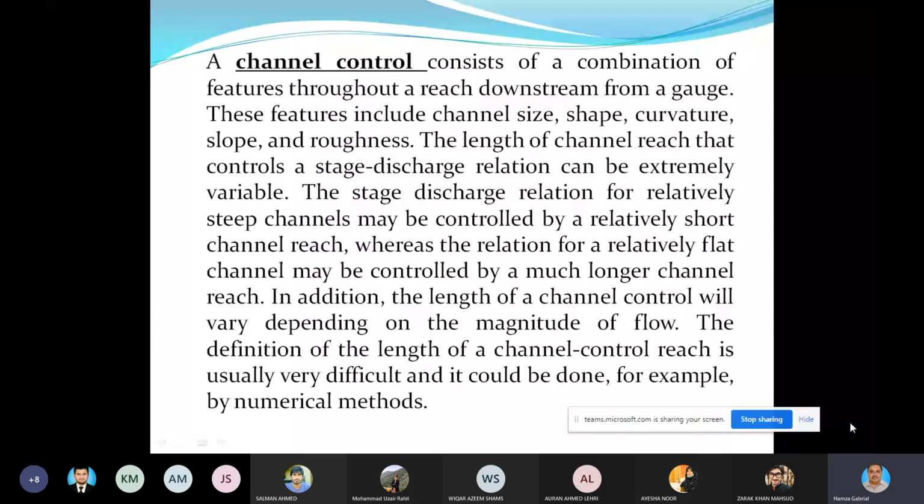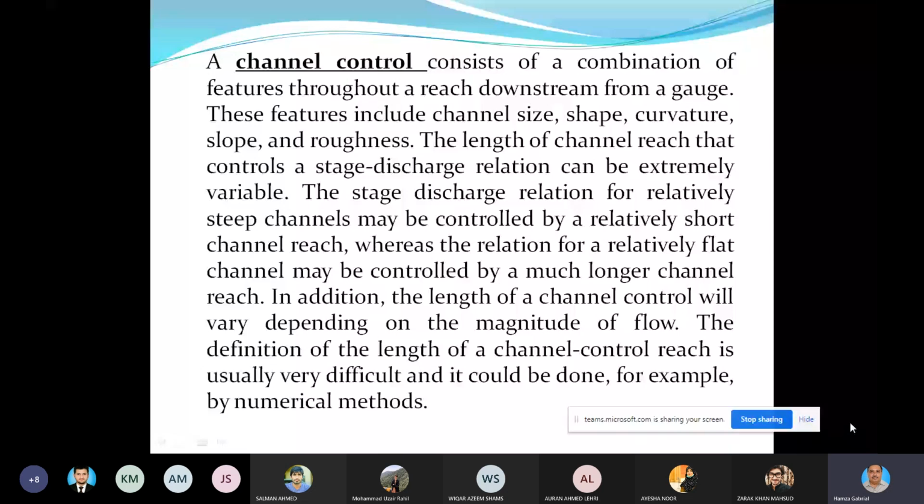So it is very difficult to say exactly how much of a reach is being controlled by this channel control. It can only be determined through numerical methods, but we don't have any numerical formula to give exactly the reach controlled by a particular channel control, because it is made up of a number of features.